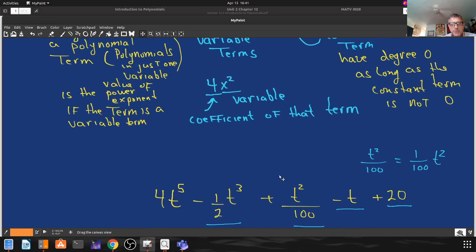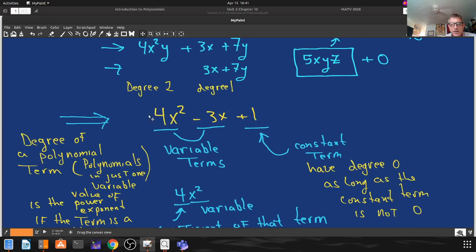So let's go up to our first exercise. So here is a polynomial, 4x squared minus 3x plus 1. It's a polynomial in the single variable x. Can you tell me its degree? Well, let's look. The degree of the first term is 2. The degree of the second term, minus 3x, is 1. And the degree of the constant term is 0. So of those numbers, 2, 1, and 0, 2 is the largest.